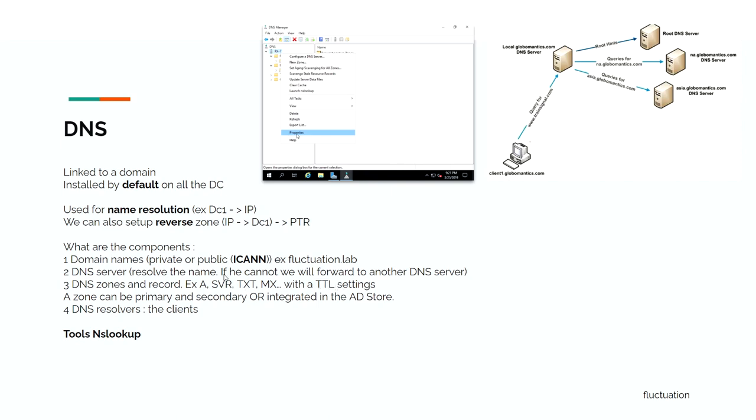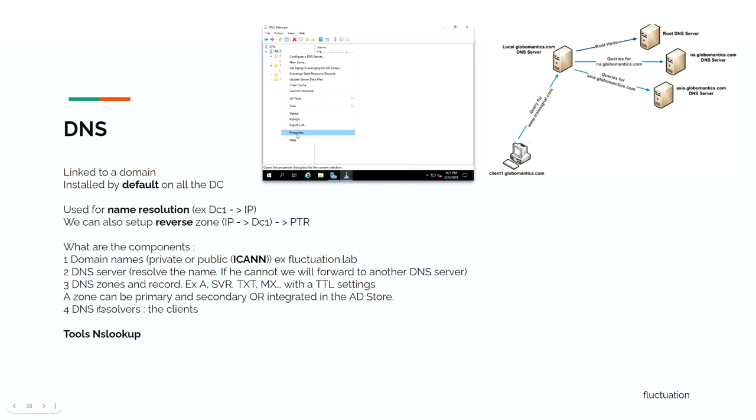A zone can be primary or secondary, or it can be integrated in the AD store. What is very nice is that if you integrate your DNS in the AD, all the replication of the AD will contain the DNS records. So it's more accurate, more modern to integrate it in the AD than to do a primary and secondary.